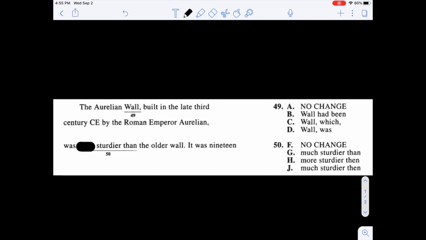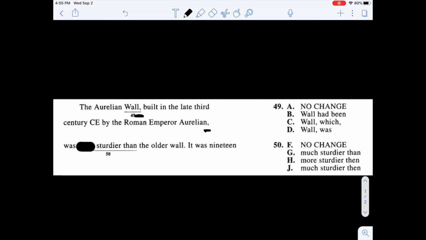Awesome. So looking at number 49, we have a comma here and a comma here, which sets off or demarcates our appositive phrase. So this whole line right here is our actual appositive phrase. And if we were to remove that, it would have the same meaning as the original sentence, that the Aurelian wall was sturdier than the older wall.